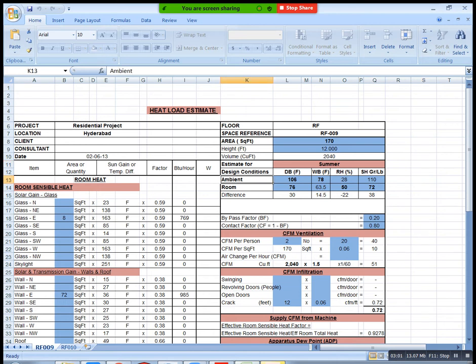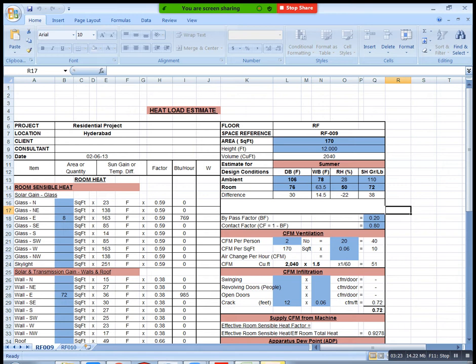Room temperature means human comfort zone. Okay, as per ASHRAE we have this much human comfort zone temperature. Okay, 76 and 50 relative humidity. Already you know these two values now. Next, ambient temperature. How can you take this ambient temperature? If you know any two values, we can find out the remaining values very easily from the psychrometric chart.